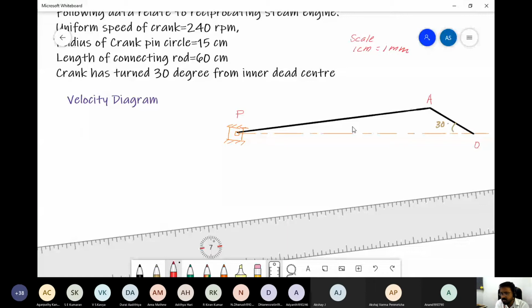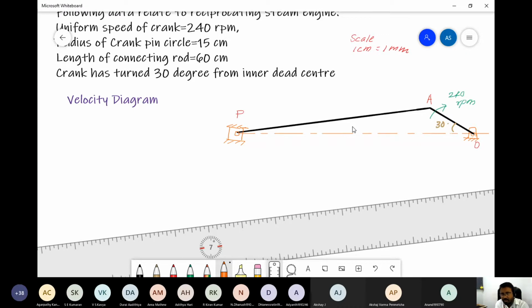Point C. Another thing given in the question is the data: 250 RPM. I am representing it to get the view of a single slider crank mechanism, but even if you don't draw these things, it doesn't matter.